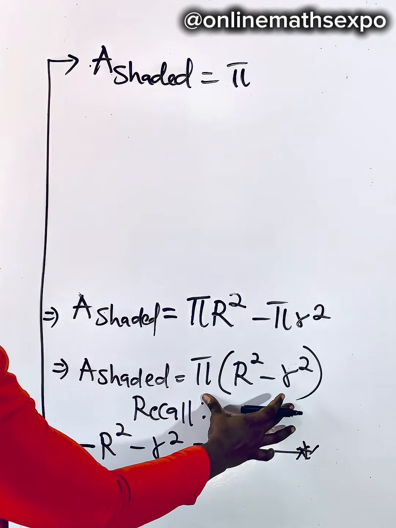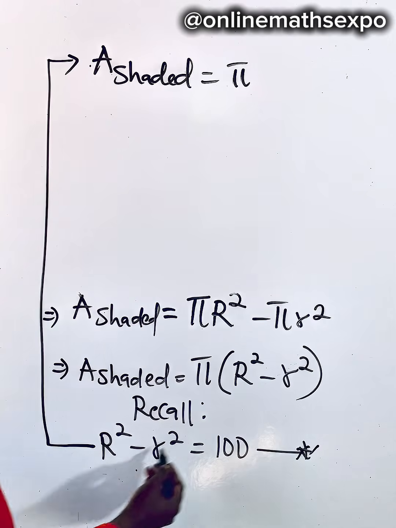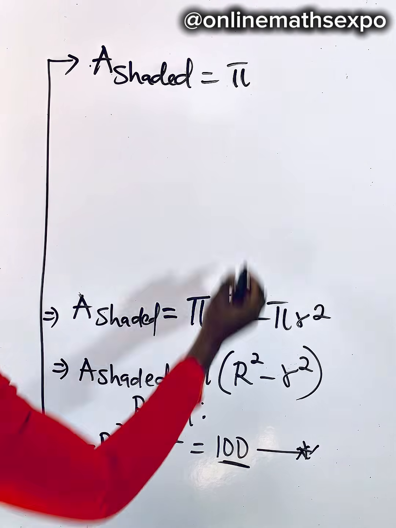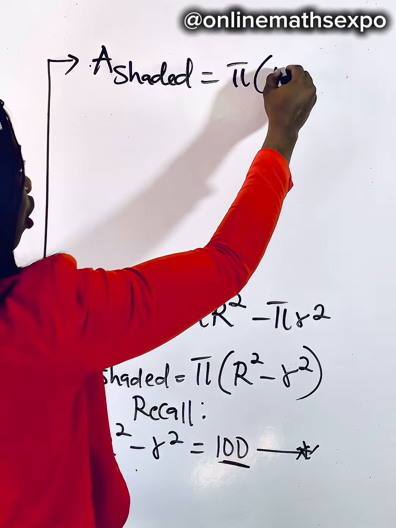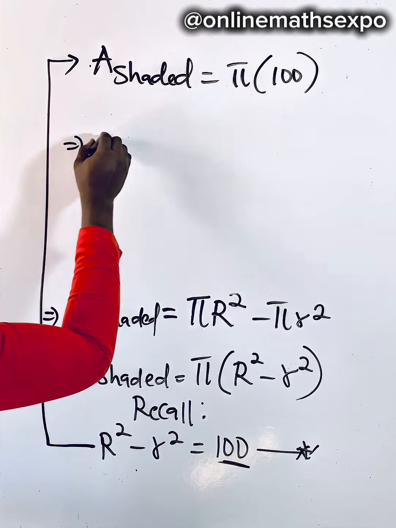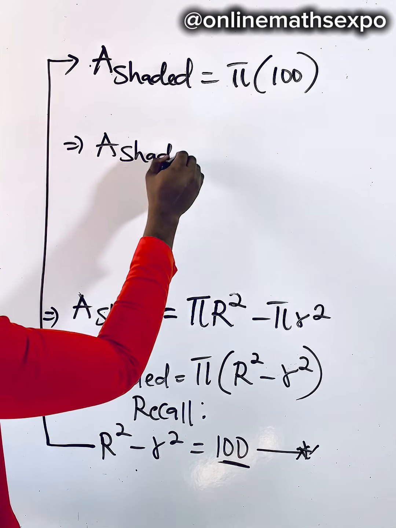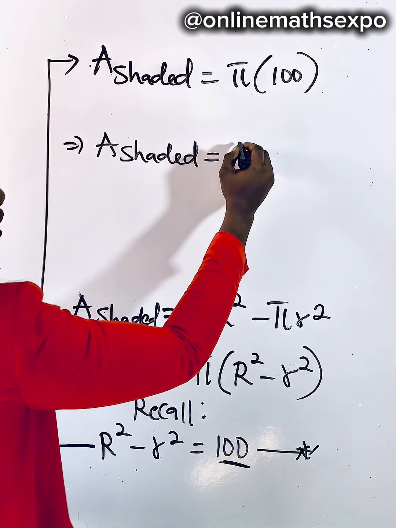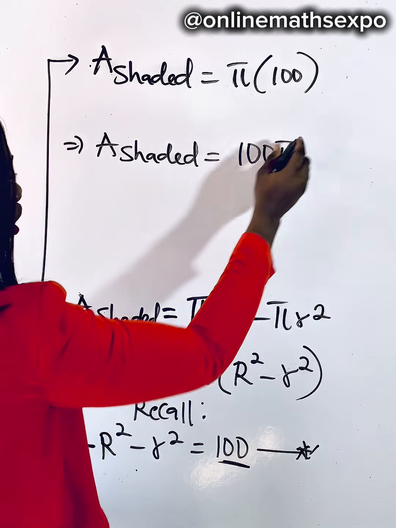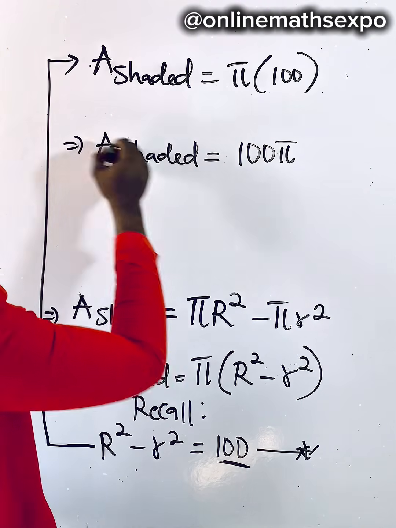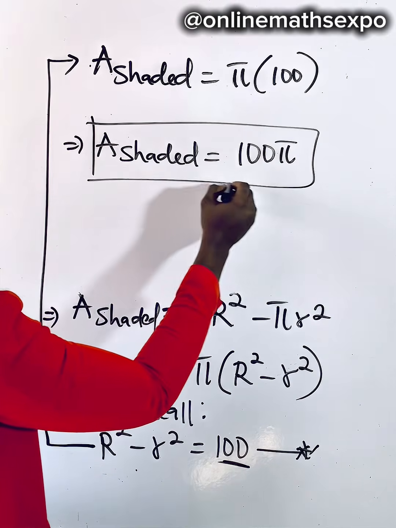Now, we are going to replace this with what we have here, which is 100. So we have pi into 100. And that gives us area of the shaded is equal to, multiply this, it gives you 100 pi. So this is our value for leaving it in terms of pi.